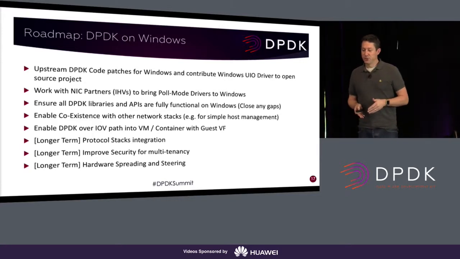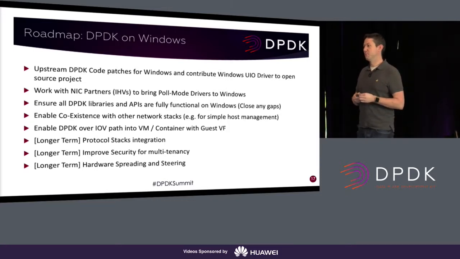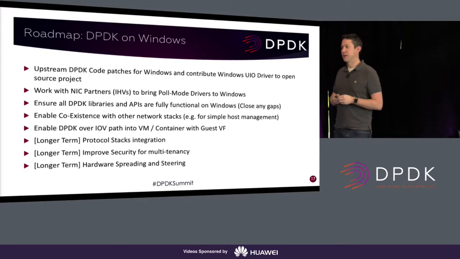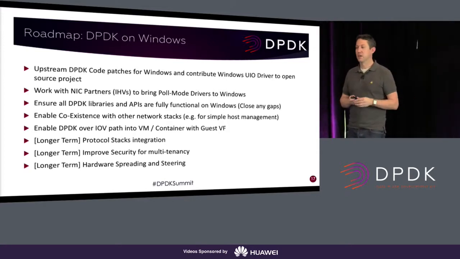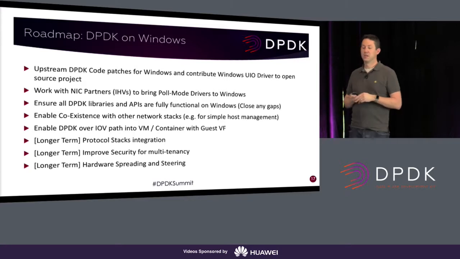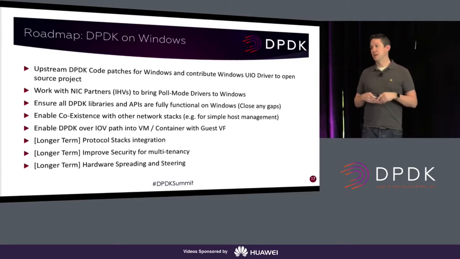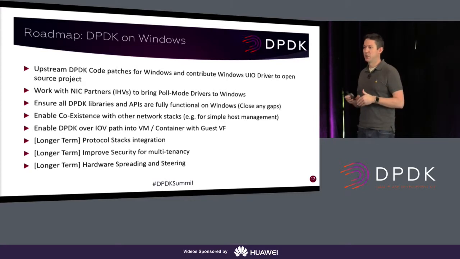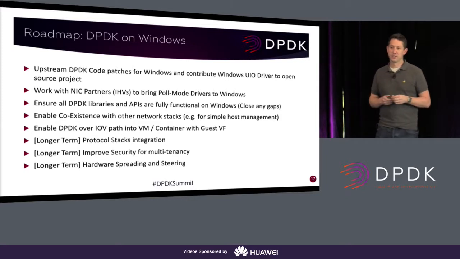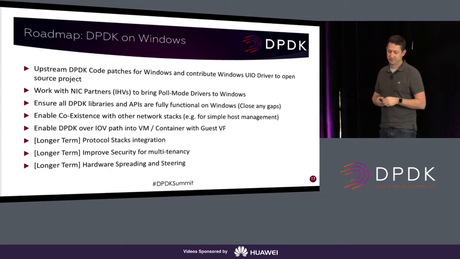We're also wanting to go into the guests and coexist with possibly some other management stacks. Right now there's a huge emphasis on DPDK, as some of these talks have already discussed, taking over the whole system. So how do we do better processing, better security management, and better isolation to handle multiple applications with DPDK?